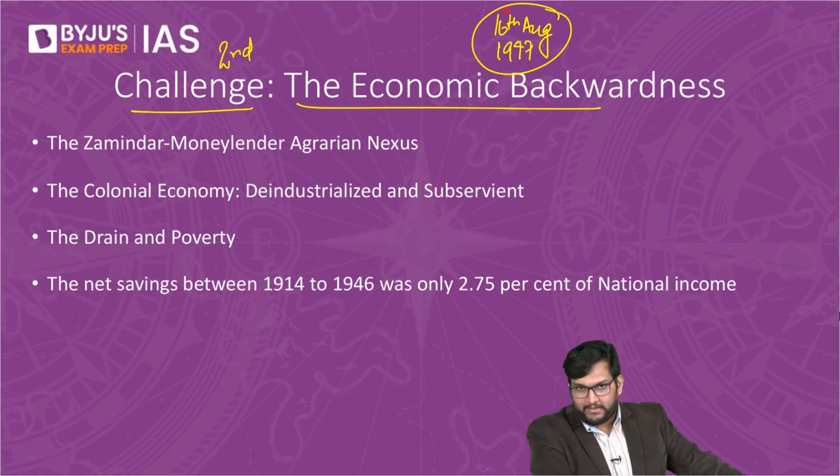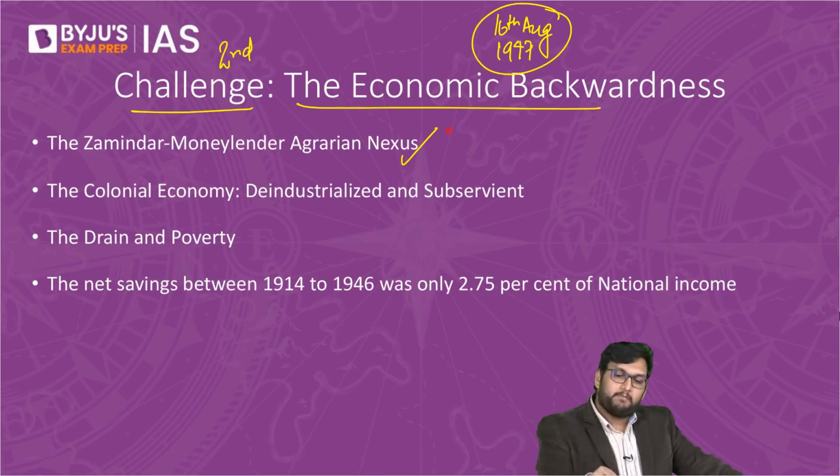Our constitution makers, our Constituent Assembly, inherited a country which was literally bankrupt. In agriculture, there's a nexus between zamindars and moneylenders. Peasants are under poverty. If that is not enough, famines were also a reality.